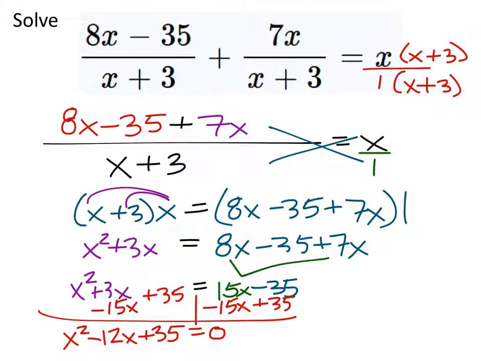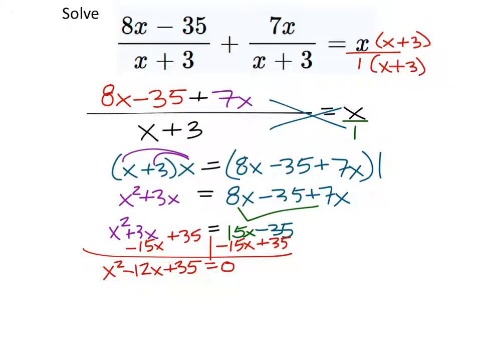But in this case, we got 0. All right, so I'm going to look at 35. I need 2 factors of 35 that add up to negative 12. And I'm looking at negative 7 and negative 5. Now, since my coefficient of my x squared is 1, we can split this up right away. Right, we got x minus 7 and x minus 5.